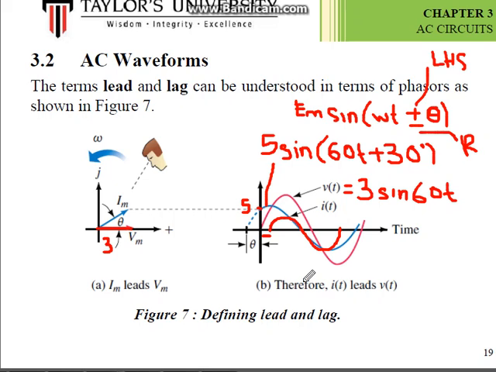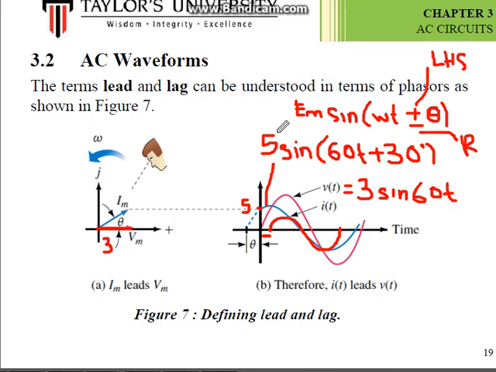But the most important thing I would like to show you is this: if you draw your current waveform like this and it's represented as 5 sine 60t plus 30 degrees, this is how you draw it out. For something of positive value, you just draw it right above in reference to your x-axis. This will be your Im.